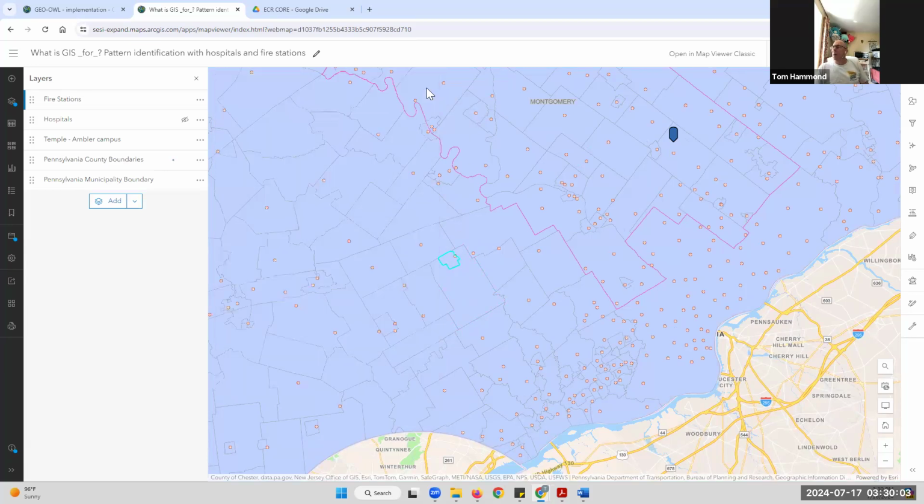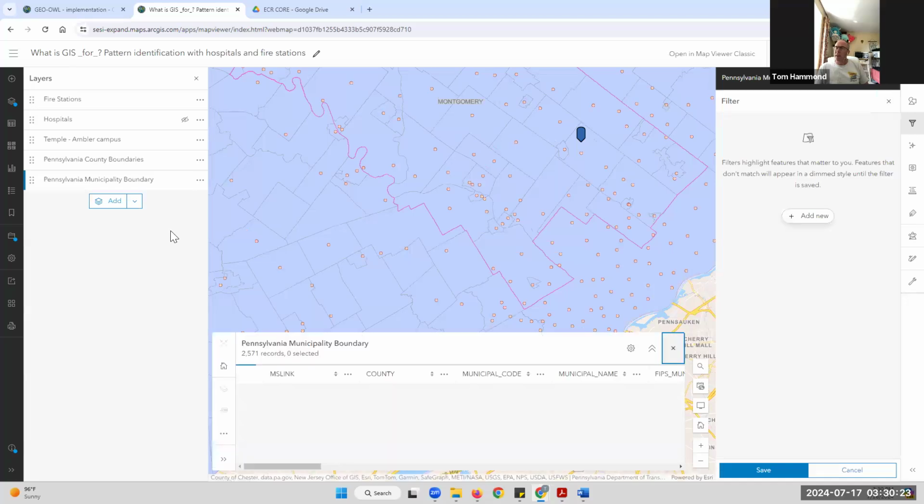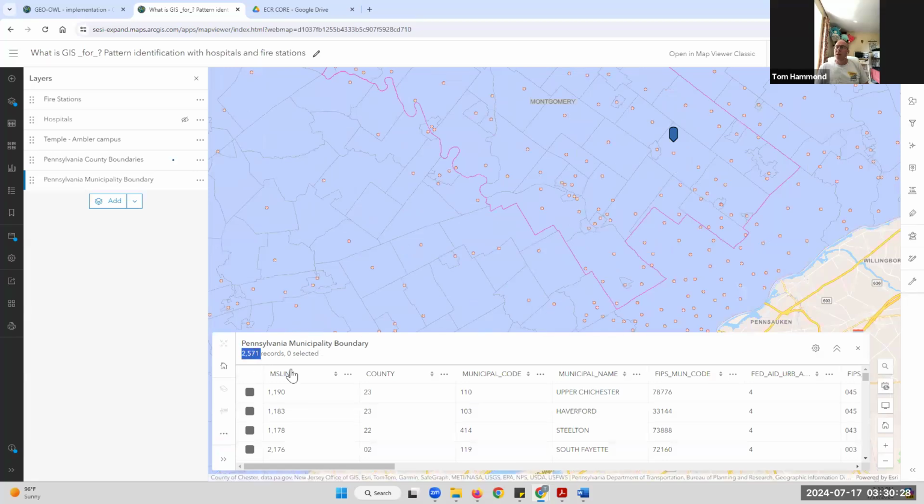So if we wanted to, we're not going to do this right now, but we could run an analysis, right? GIS holds all this data. GIS can also do analysis. We could run an analysis to say for every municipality in Pennsylvania, and there are a lot of them, there's about 2,571, how many of them have a fire station inside of it and how many of them don't?